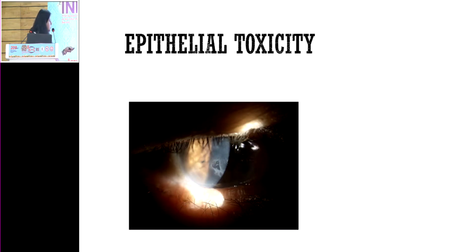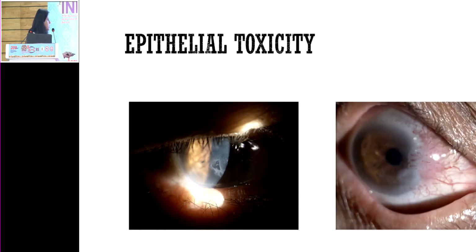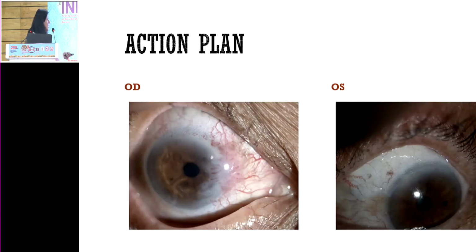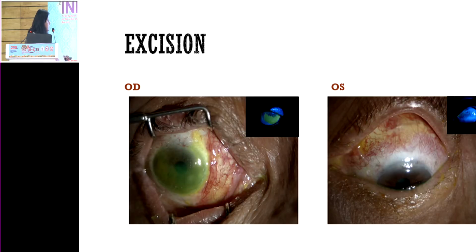So we had to put the patient off MMC, we put a BCL on it, but see, after 1 month, the OSSN recurred. So this is the bigger monster which we feared, but then we had to change our action plan and planned a conjunctival autograft from the non-involved eye to the involved eye, and excise the OSSN.